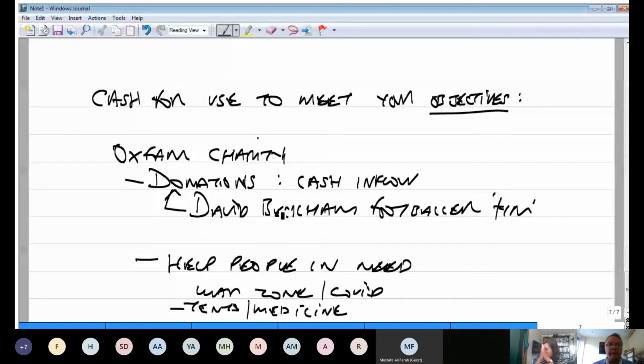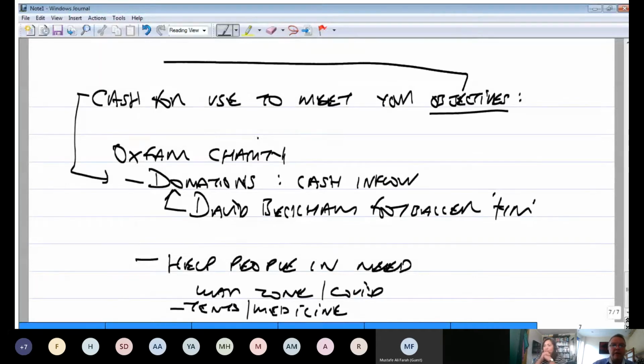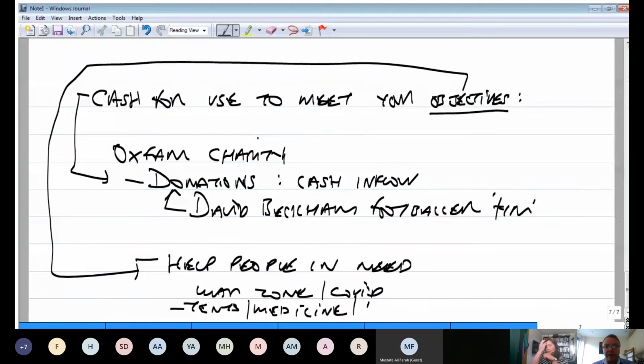So you can see the important thing here is that cash is generated by donations from, say, David Beckham. And then to meet the objectives of Oxfam, which is to help people, they would be the ones that go and buy the tents, the medicine, and then they will be delivered to the war zone.